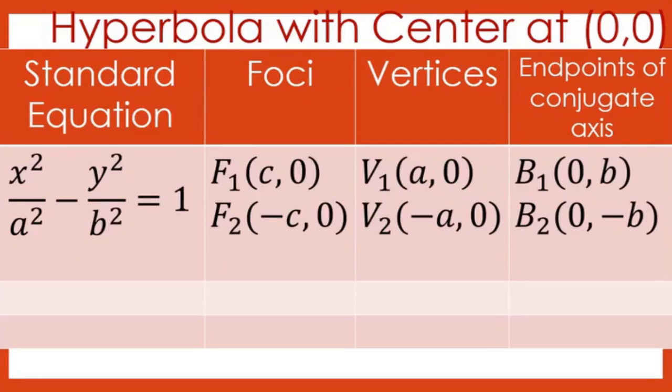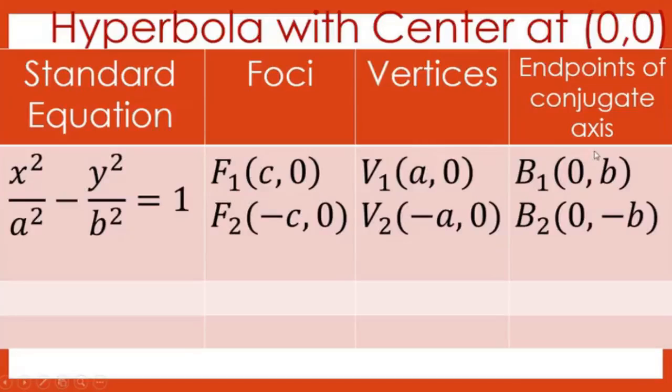Okay, so if we have the standard equation x squared over a squared minus y squared over b squared equals 1, the foci are located at (c, 0) and (negative c, 0). The vertices are located at (a, 0) and (negative a, 0).